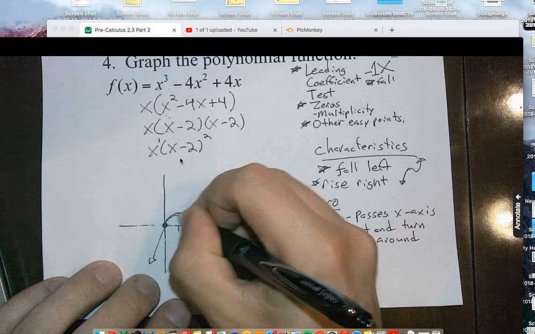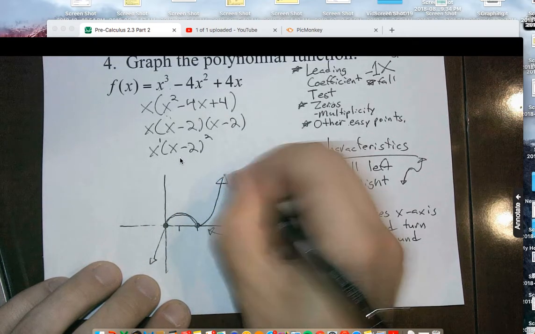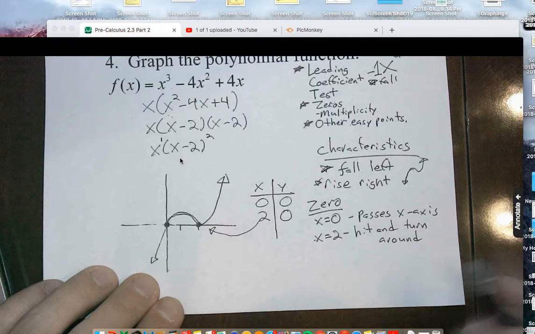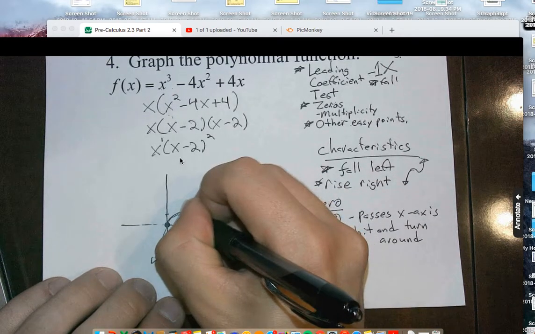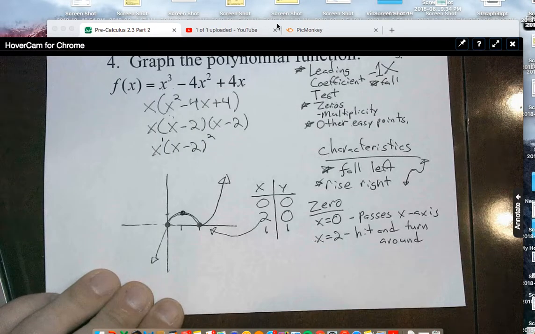So I know that this goes up, this goes over, and then it's going to keep on going up and to the right. You could also say that if x equals 1, the outcome is 1. This is a pretty easy point you could plug in for. Not mandatory, but it's another point that we can use.